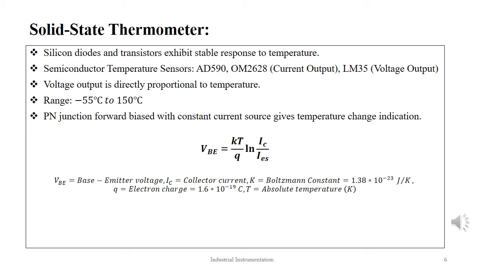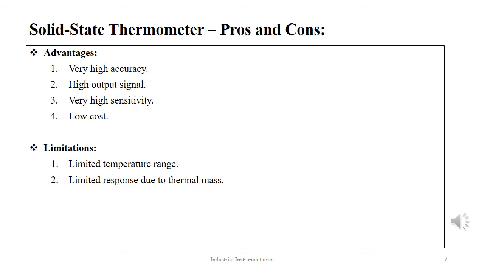The AD590 and similar ICs give current output, while IC LM35 gives voltage output for the changes in temperature. The measurement range is slender, having a moderate range of -55 degrees Celsius to about 150 degrees Celsius. The working relationship between the voltage, the current and the temperature is given by the following equation.